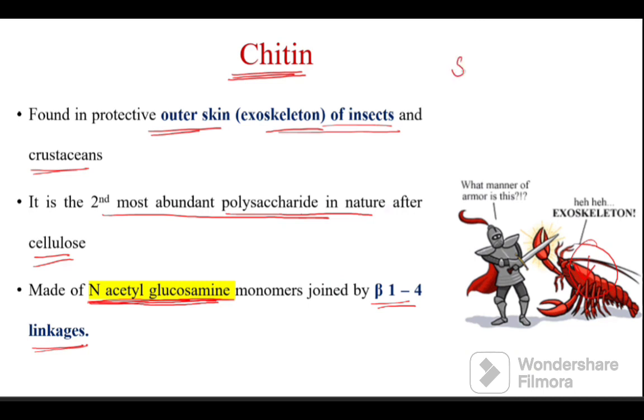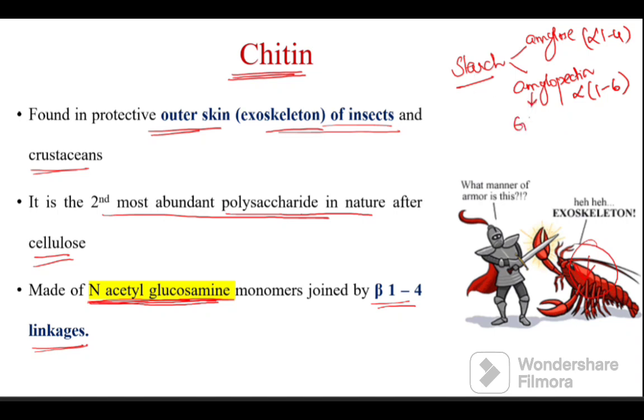So firstly we have seen starch in the homopolysaccharides. Starch has amylose and amylopectin. Amylose has alpha-1,4 linkages in its straight chain, whereas amylopectin has alpha-1,6 linkages in its branched chain.